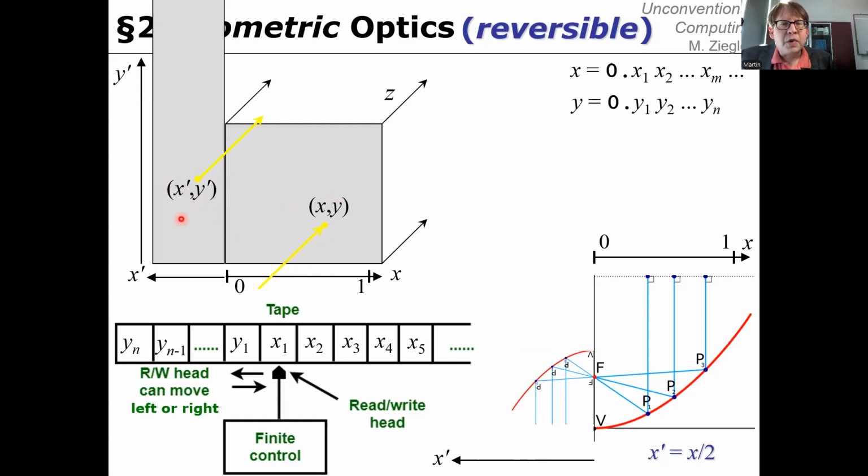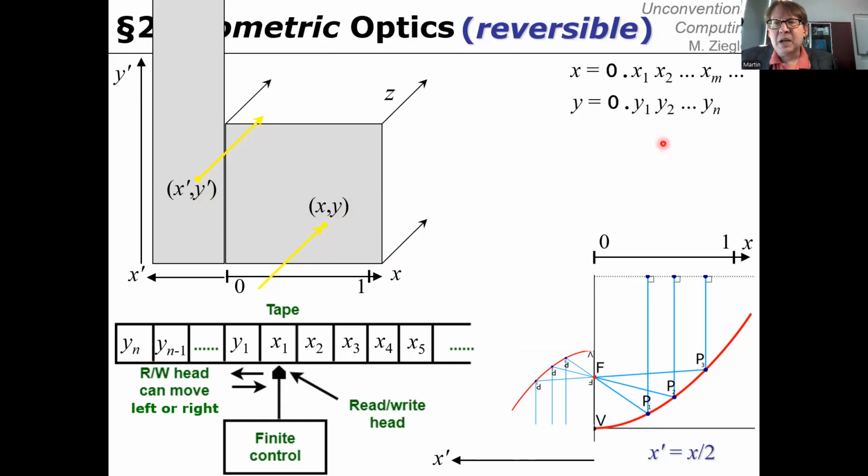So this combination of two double parabolic mirrors, one for dividing by 2 and one for multiplying by 2, can have this effect on a ray coming in at coordinates x and y, and leaving at coordinate x prime equal x over 2, and at coordinate y prime equal y times 2.